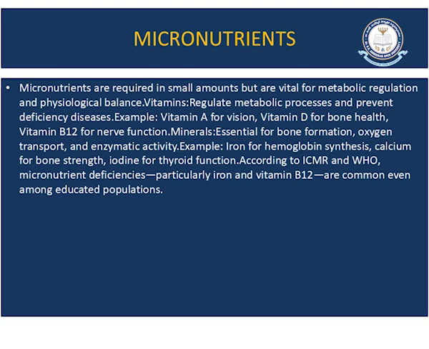Now coming to micronutrients, what do you understand by micronutrients? Micronutrients are required in small amounts, but they are very vital for metabolic regulation and also physiological balance. Vitamins regulate metabolic processes and prevent deficiency diseases. For example, vitamin A is essential for vision, vitamin D for bone health, vitamin B12 for nerve function.